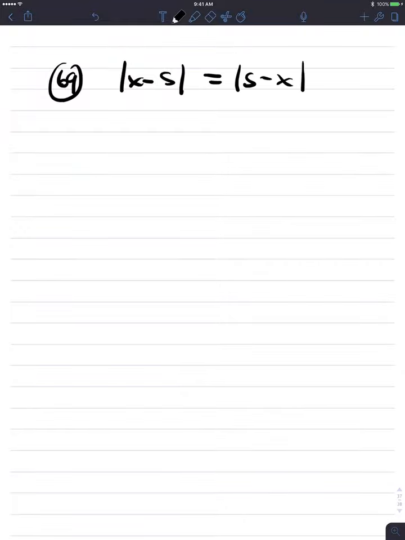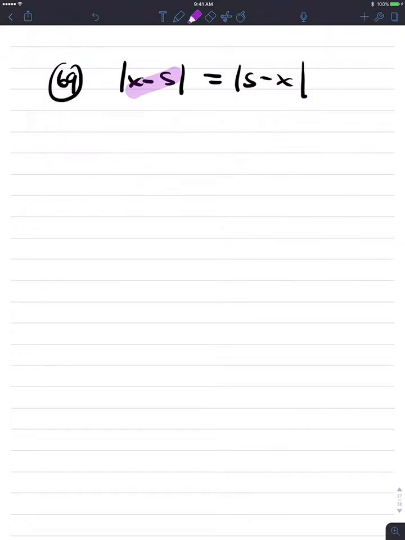The last question. Number 69. The absolute value of x minus 5 is the absolute value of 5 minus x. Again, two absolute values. And they are equal to each other. So this means that we have two situations again.